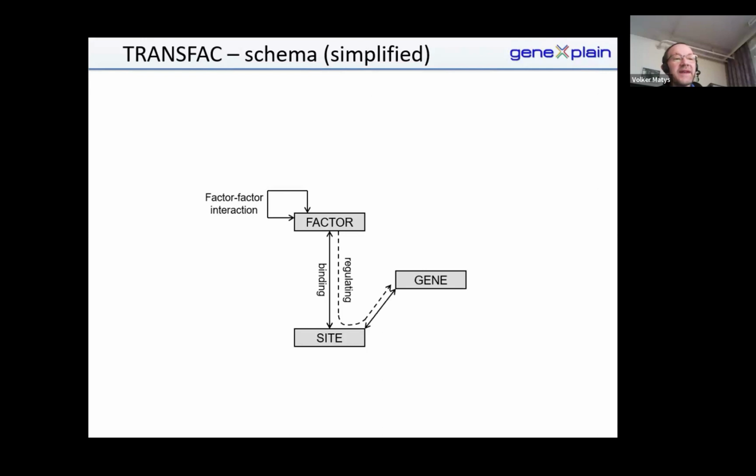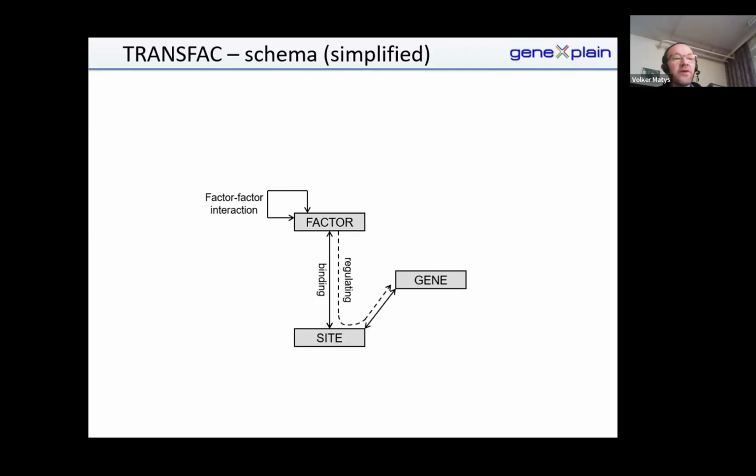The binding sites may be with or without a connection to a gene. The genomic binding sites usually have a connection to a gene, and via that you can get a connection between a transcription factor and a regulated gene.